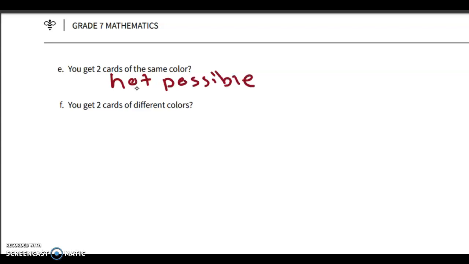All right, and the last one says you get 2 cards of different colors. Well, when you don't put one back, every single time you're going to get 2 cards of different colors because there's only one of each one. So that is always possible.